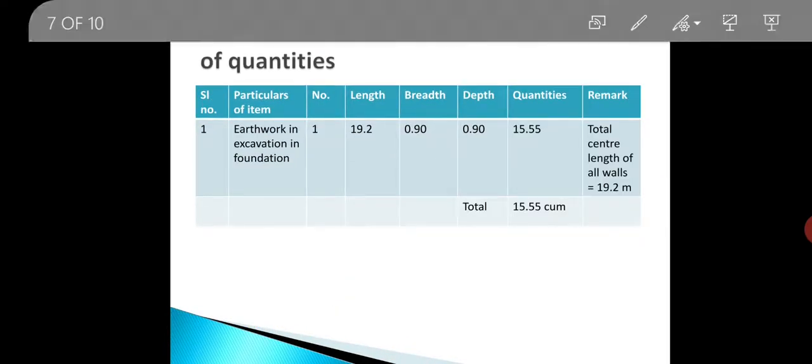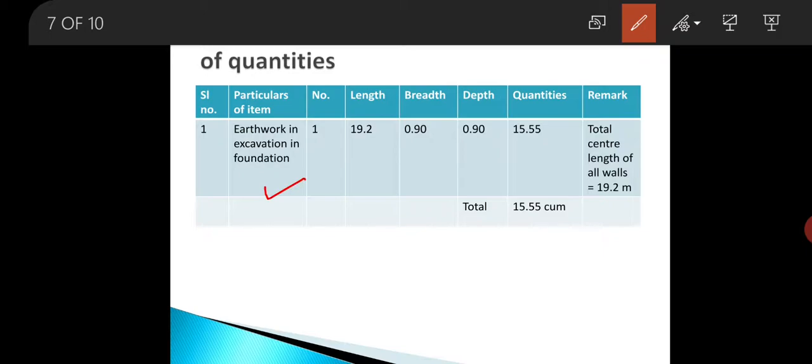So this is the details of measurement form. In the particulars of item column, simply write down earthwork in excavation in foundation. Number will be 1, as we have covered the entire wall of the building, that means including long wall and short wall. Therefore the number will become 1.